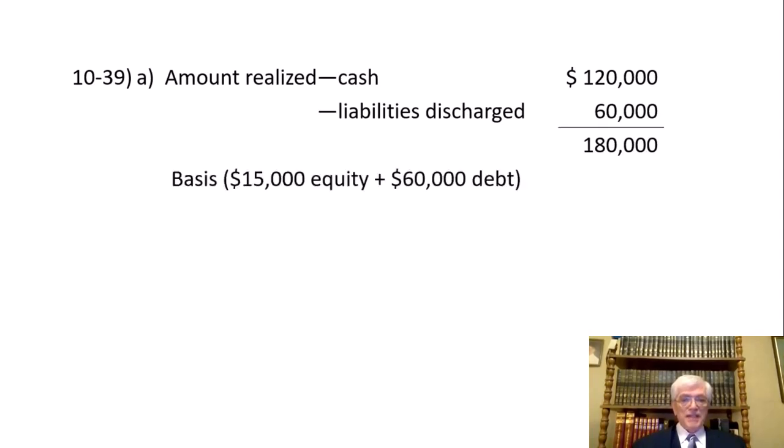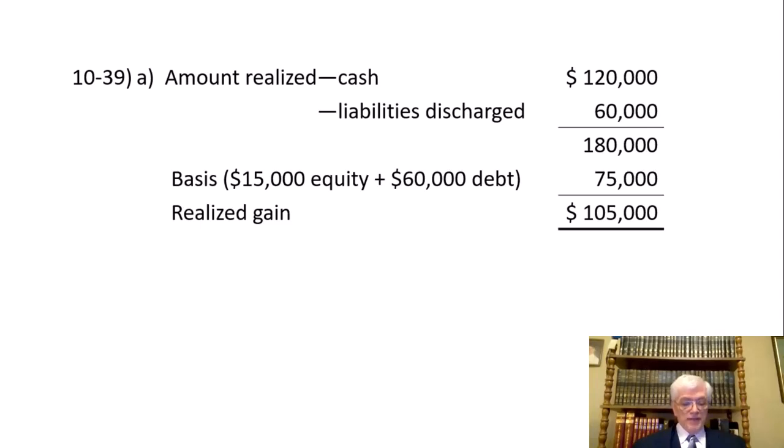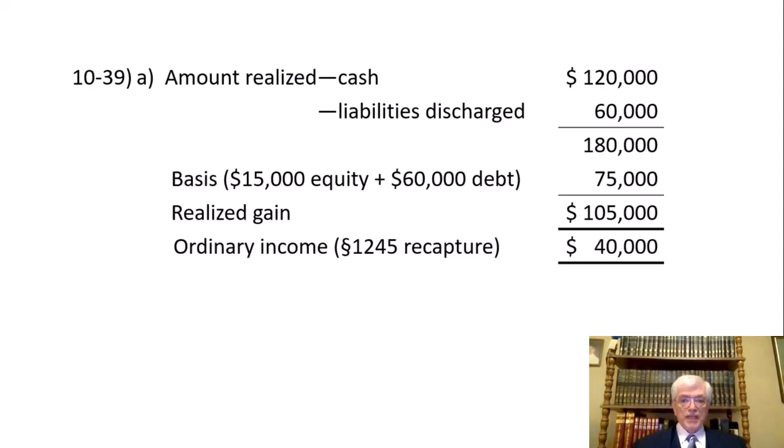Her basis, $15,000 equity plus $60,000 debt, $75,000. So she has a realized gain of $105,000. Ordinary income is the 1245 recapture of $40,000. And the capital gain is the rest, which is $65,000.